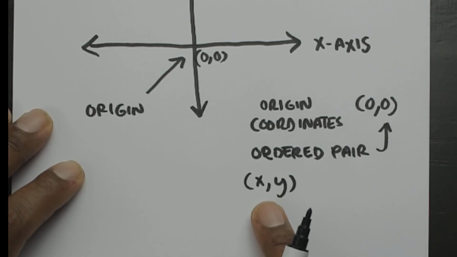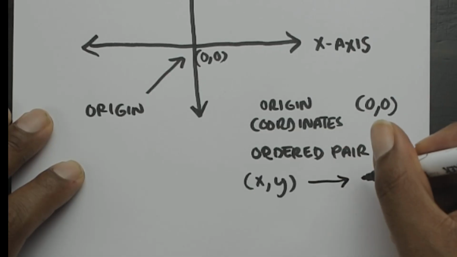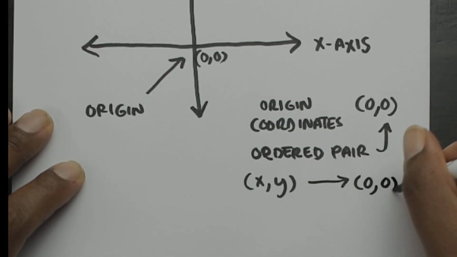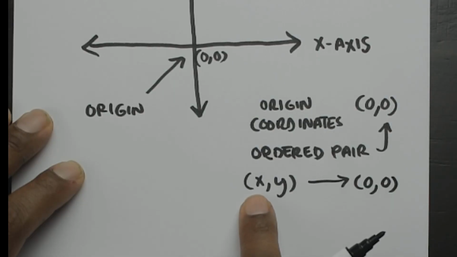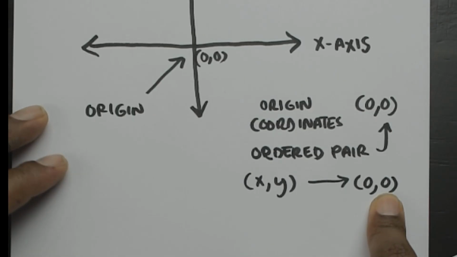So this notation here tells you that every point on the coordinate plane is identified by this particular ordered pair. So if I were to map that and say, well, what's the origin? The origin would be 0, 0. Why? Because it is traveling neither left or right of x on the x-axis, nor is it traveling up or down on the y-axis, okay?